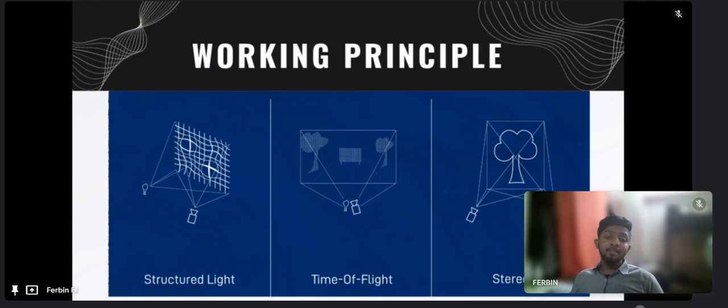The second type is time of flight. As the name suggests, time of flight depth cameras work by estimating the time it takes from transmitting to receiving the IR data. Let's say this is my depth camera, and there is an object placed in front of me at 10 centimeters, and another one placed at around 30 centimeters.